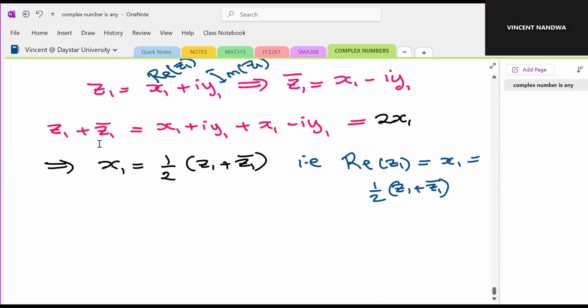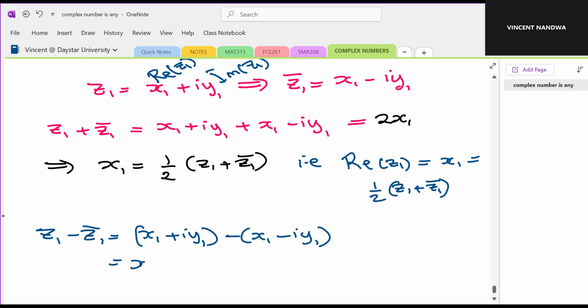Similarly, when you subtract Z1 minus conjugate of Z1, we have x1 plus iy1 minus x1 minus iy1.